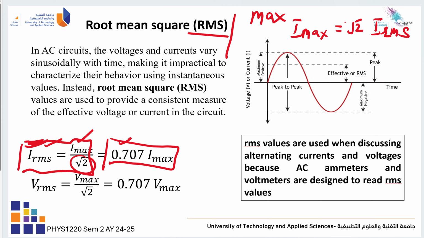So now the equation becomes in the form of the maximum current: I maximum equals root 2 times I RMS. I can say this is a third form.